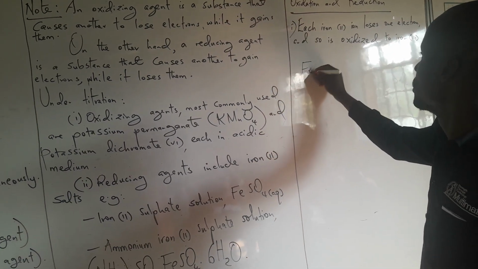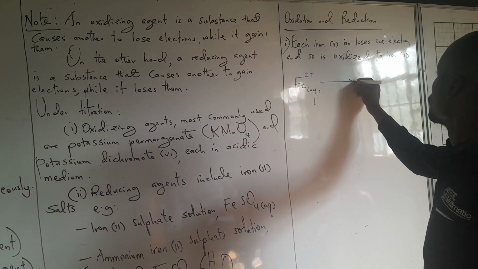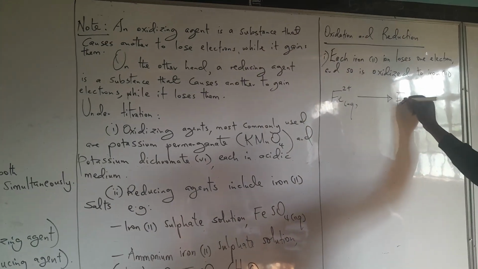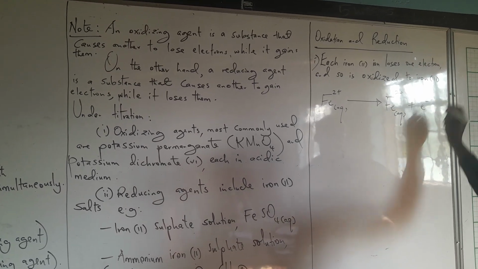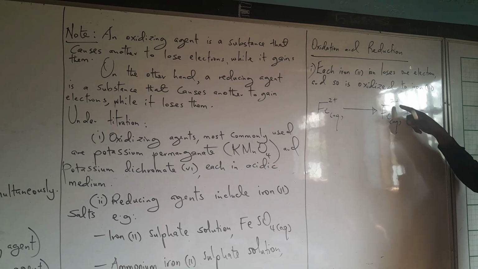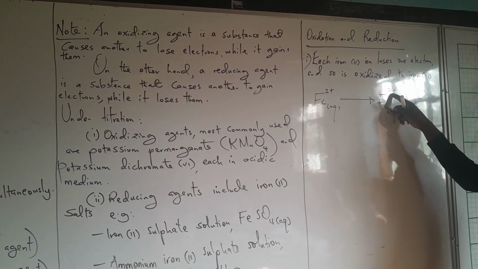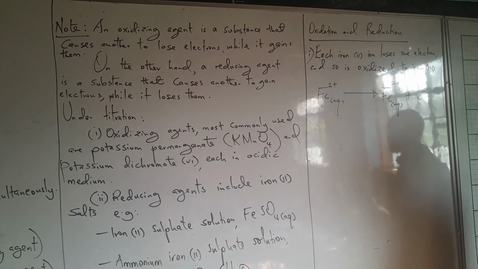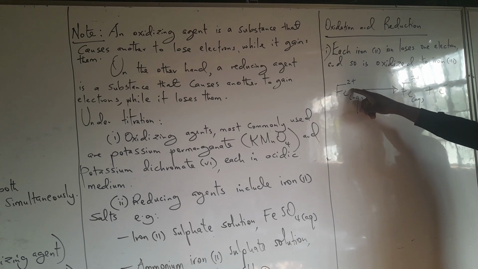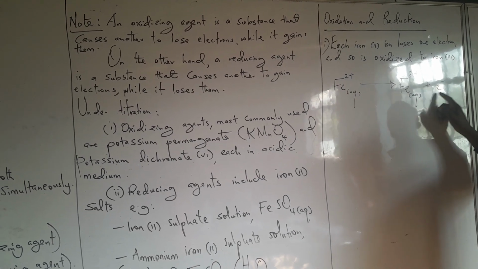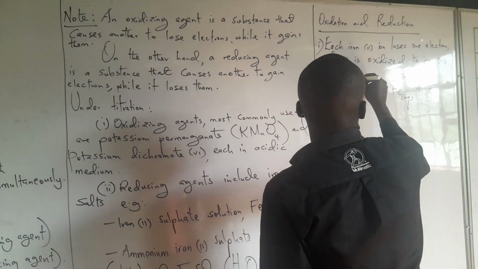You demonstrate it this way: Fe2+ loses 1 electron, so it forms Fe3+. One electron gone. More positive means more space has been created because electrons have been lost. You know, electrons are negatively charged. So each iron(II) loses 1 electron to form iron(III). So this is oxidation.